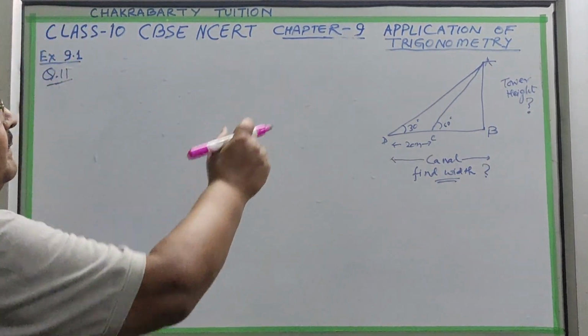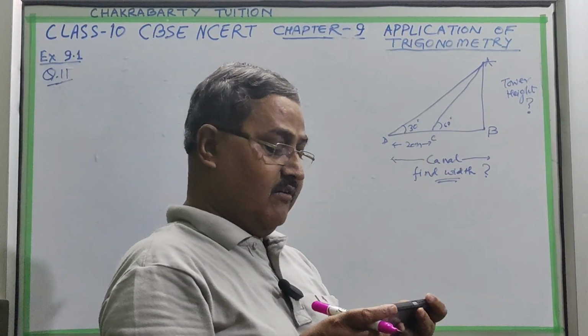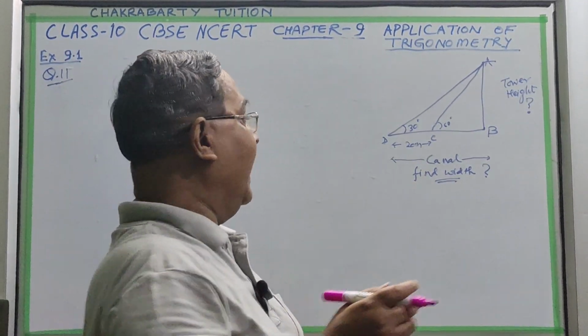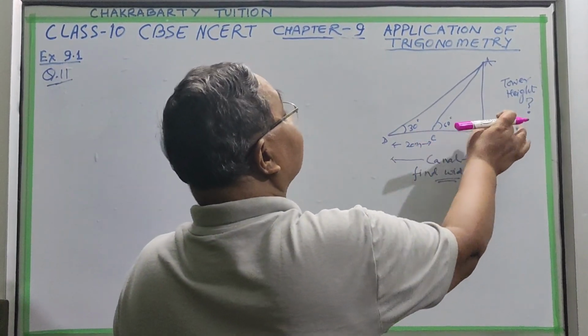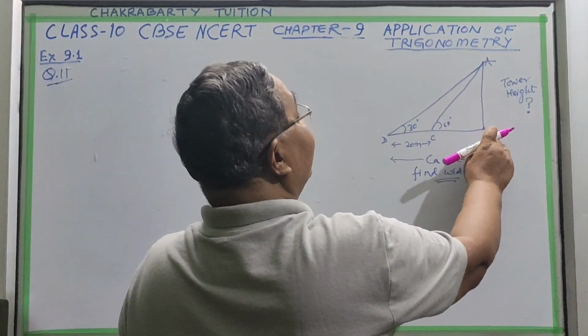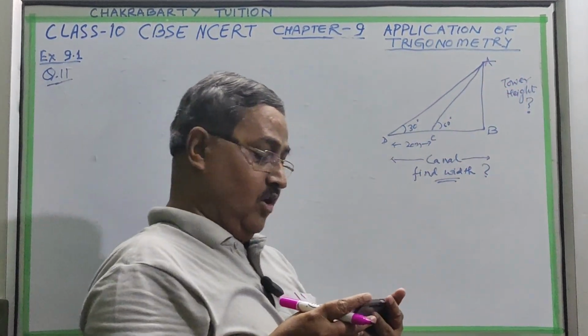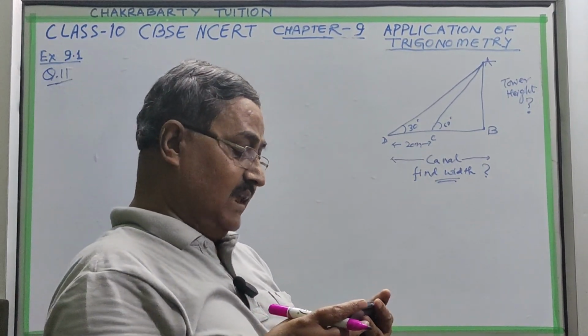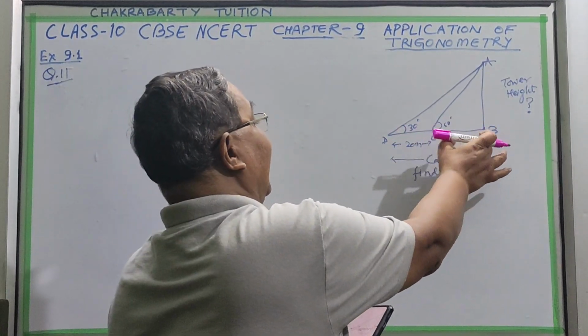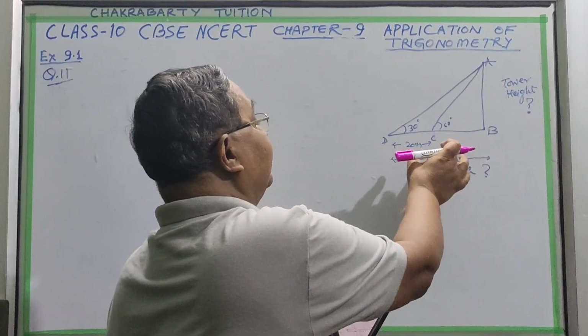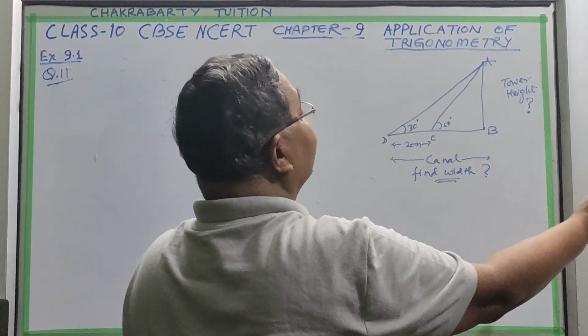Now question number 11. A TV tower stands vertically on a bank of a canal. This is the canal, and this is one bank, and from here a TV tower is installed. From a point on the other bank of the canal, this is one bank and this is the other bank. Bank means kinara, the side of the canal.